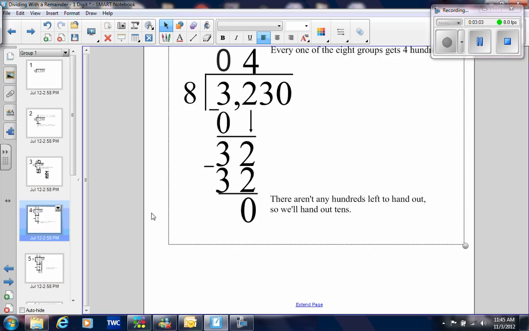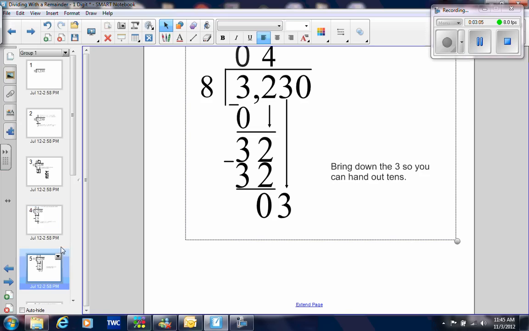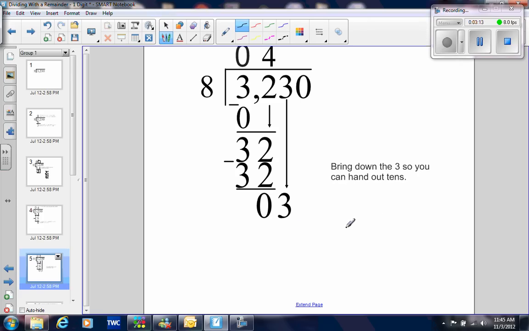In order to hand out the tens, I need to bring down the 3. And as I start looking at the multiples of 8, 8 times 1. Even if I was to put a 1 right there, I would need to have 8 tens to give everybody 1 ten, every group 1 ten. I don't have that.